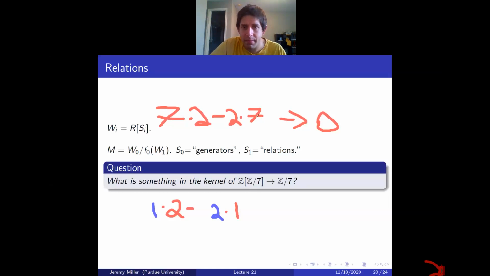But now this 7 is 0, because this 7 lives in Z mod 7. So the 7 on the right is 0, and the 7 on the left is not 0. So this whole class is not 0, but the second term is 0. And in fact, classes of this form generate the kernel.